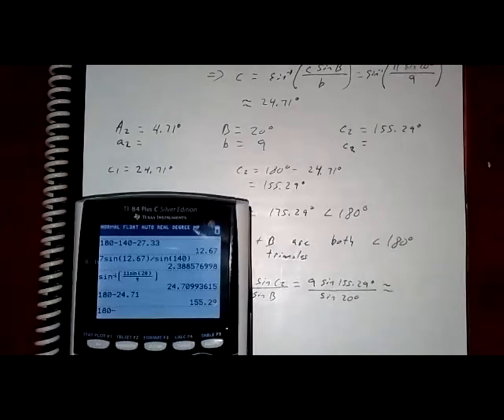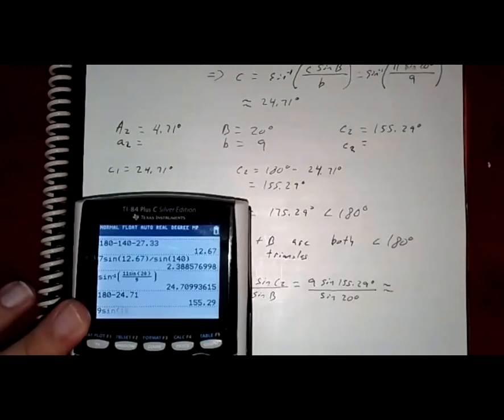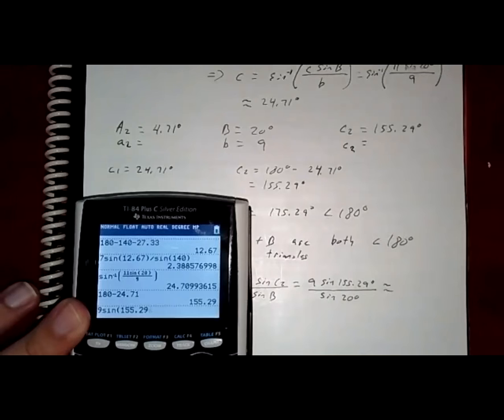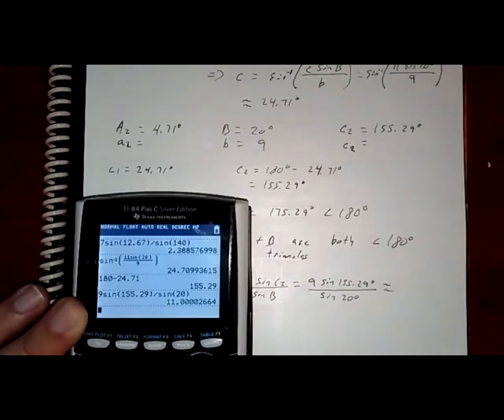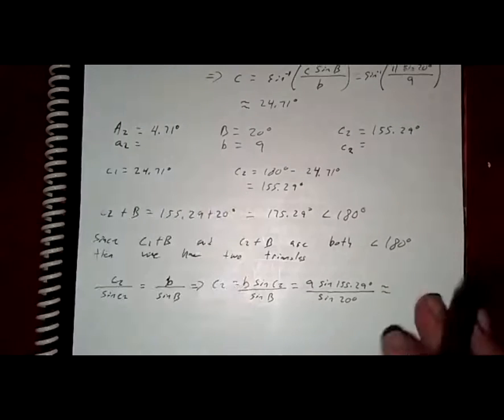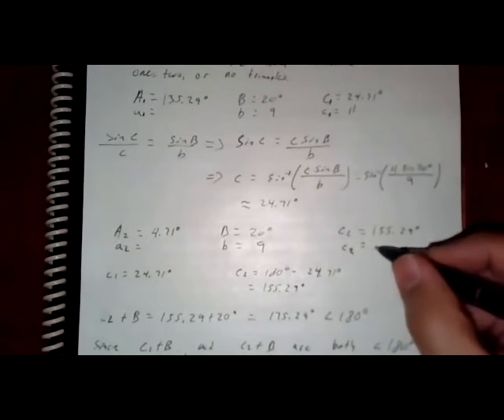So I bet you that's going to be 11. Let's see. Yeah, see how it's not exactly 11, but when you see this, you should automatically think, oh, you know what? That side is fixed. It's not C1, C2, they're the same.